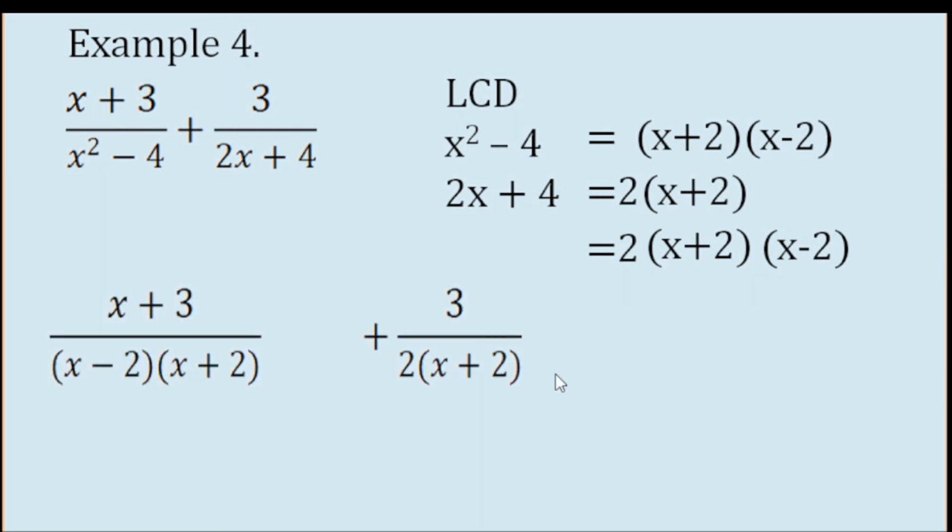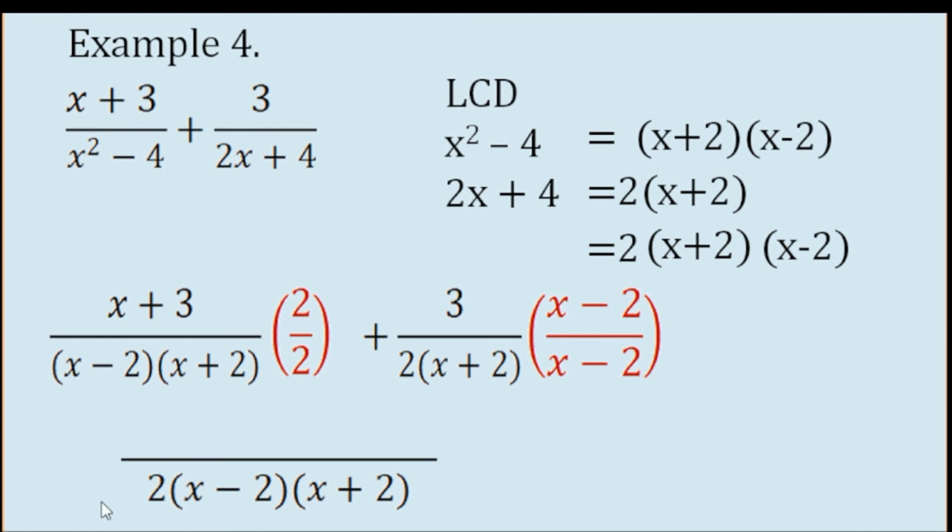We will complete first what is missing. Here, what is missing is 2, because we have x minus 2 and x plus 2. So we put 2 over 2. Here, we have x plus 2 and 2, so we miss x minus 2. We will write here x minus 2 over x minus 2. Now we will write down the common denominator, 2 times x minus 2 times x plus 2. And then we will perform the operation on the numerator.